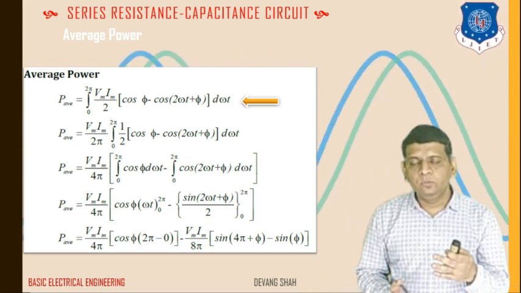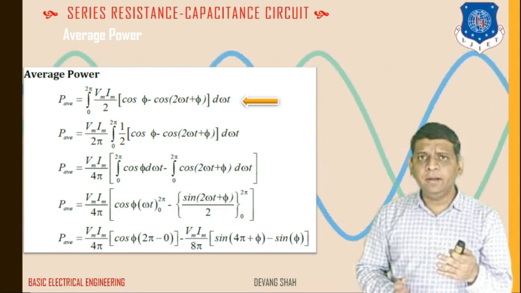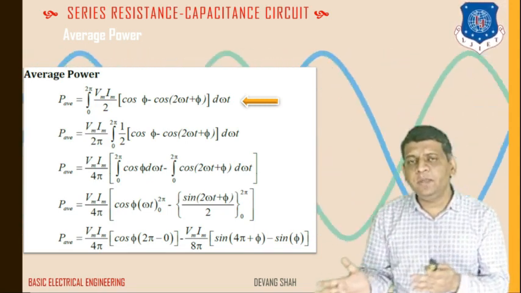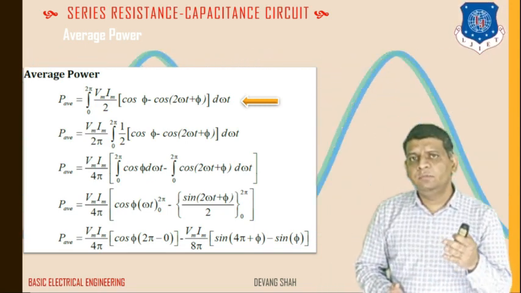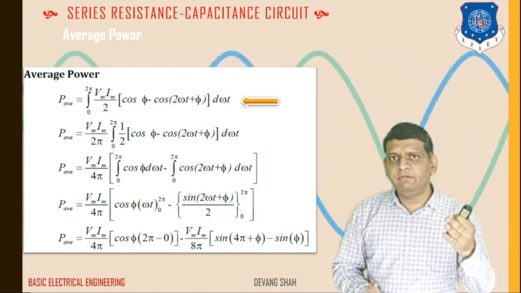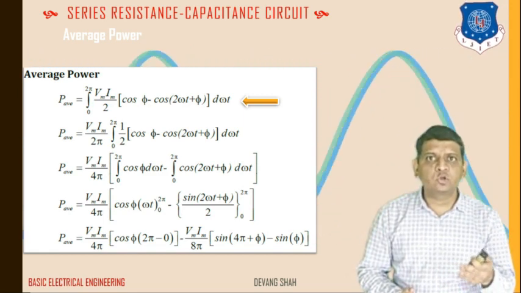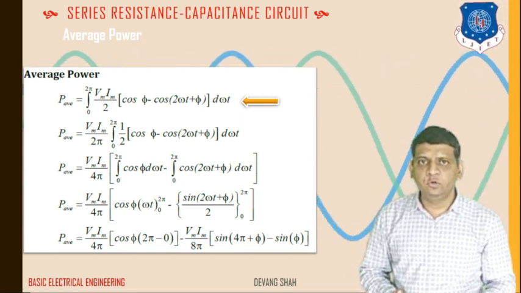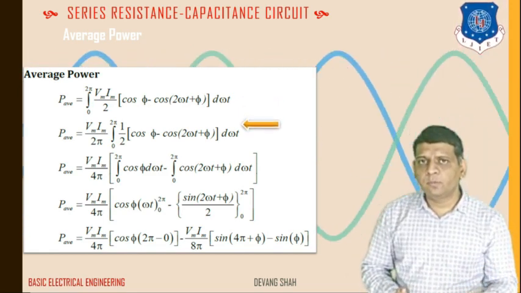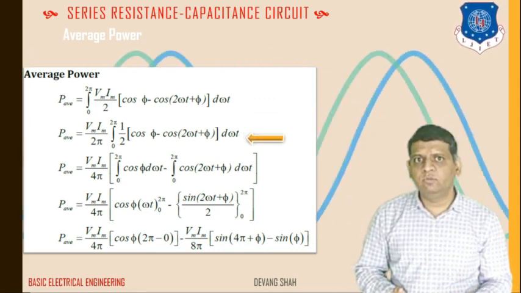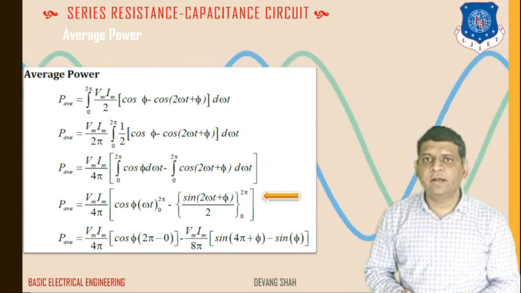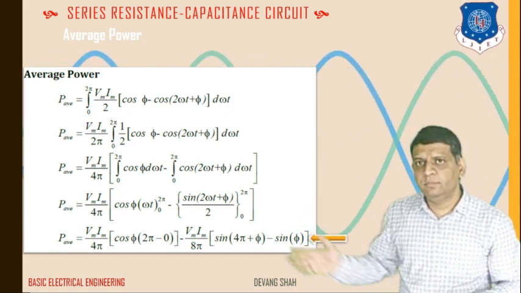So P average is equal to, by taking the integration, integration from 0 to 2 pi of Vm Im by 2 in bracket cos phi minus cos 2 omega t plus phi into d omega t. By taking the proper integration by mathematical terms, you solve this equation, and you will be able to find the equation. You can see point by point.